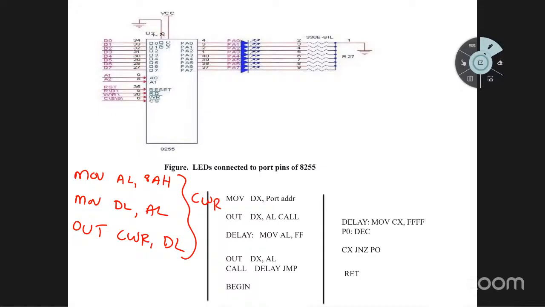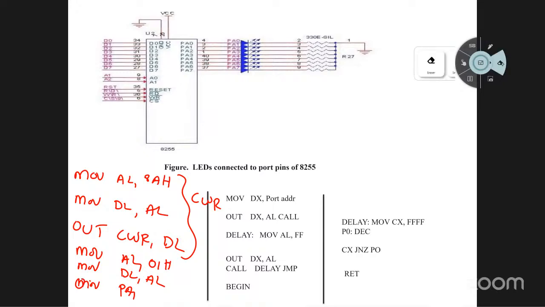for CWR purpose. And to glow the LED, the same way you can use MOV AL, 01H, MOV DL, AL, OUT PA, DL.